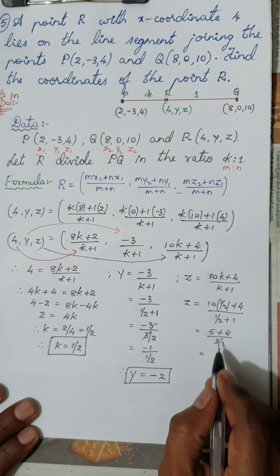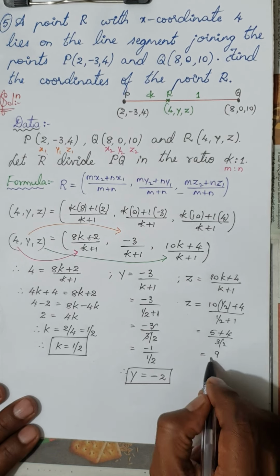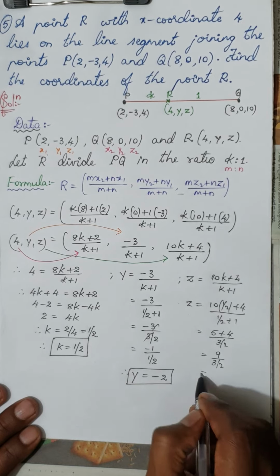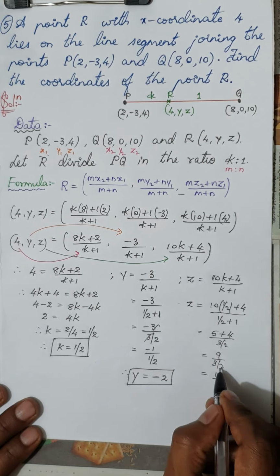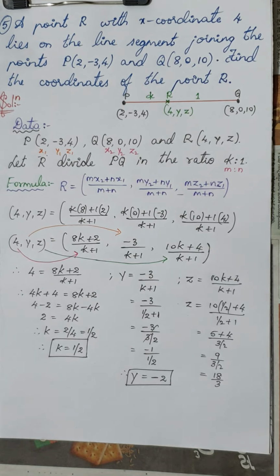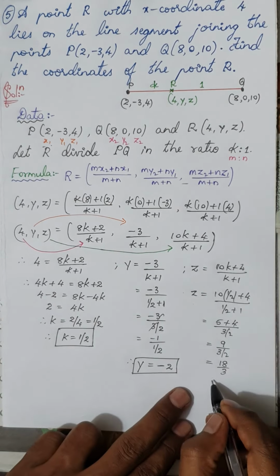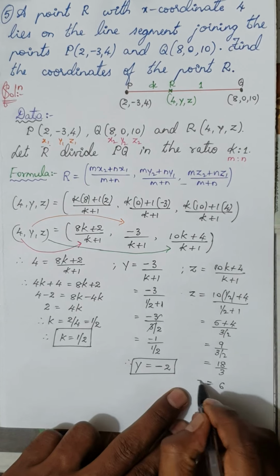So this is nothing but 4 plus 5 is 9. 9 divided by 3 by 2, actually you will get 18 by 3. A divided by b by c is ac by b. Therefore you will get the value of z is 6.